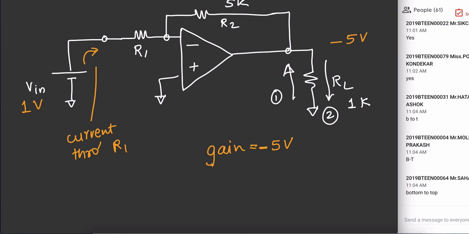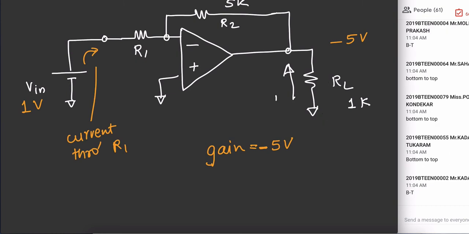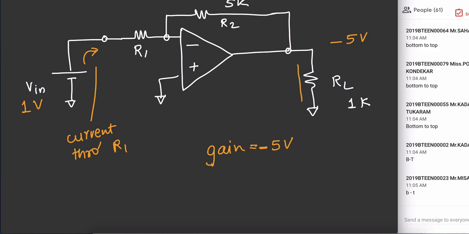Bottom to top, yes, bottom to top. So let me rub out this. And what will be the value? 5 milliampere, because it is 5 volt and 1 k. Yes or no? This will be 5 milliampere.